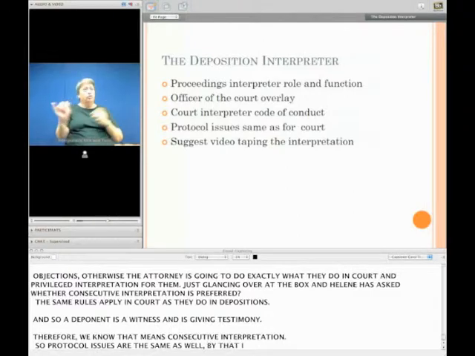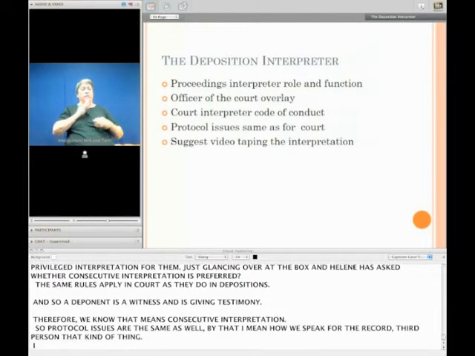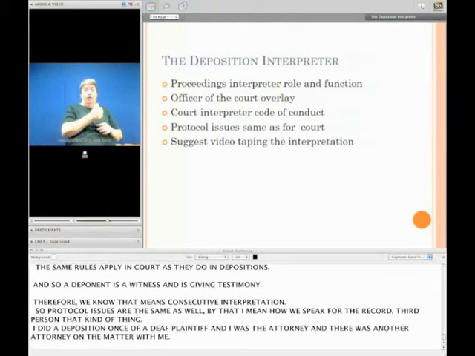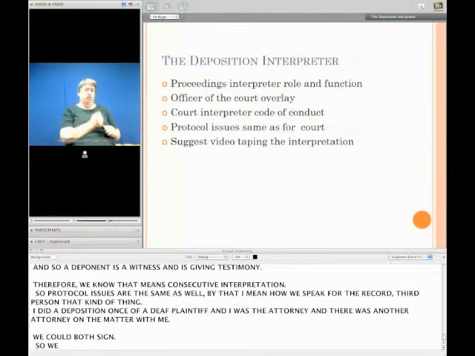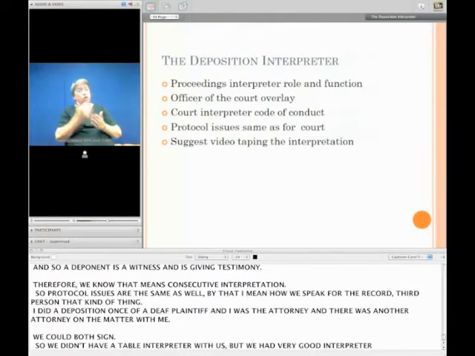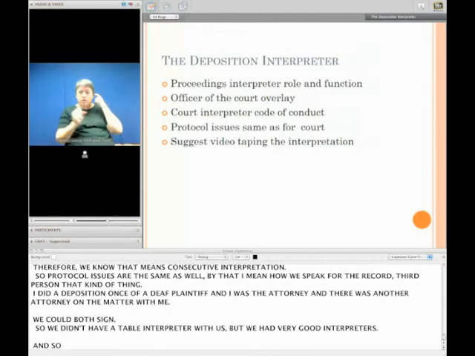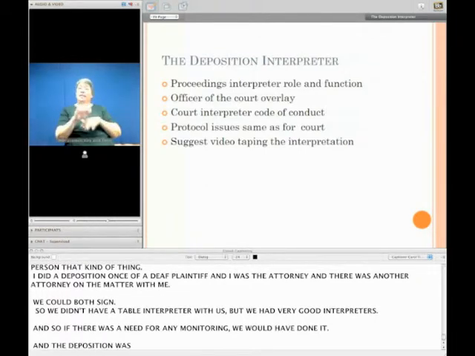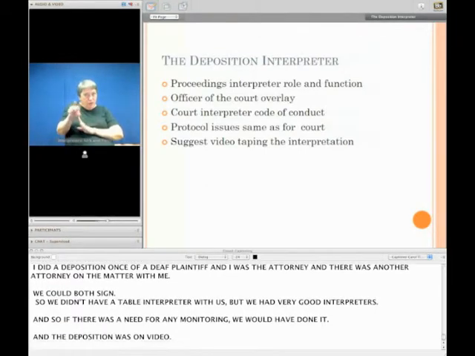I did a deposition once of a deaf plaintiff, and I was his attorney. And there was another attorney on the matter with me who we could both sign. And so we didn't have a table interpreter with us, but we had very good interpreters. And so if there was a need for any monitoring, we would have done it. And the deposition was on video, and it was a class action case.